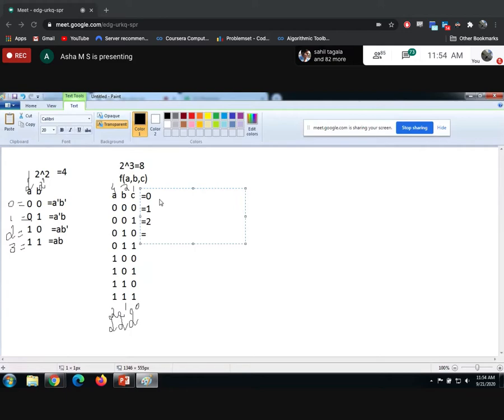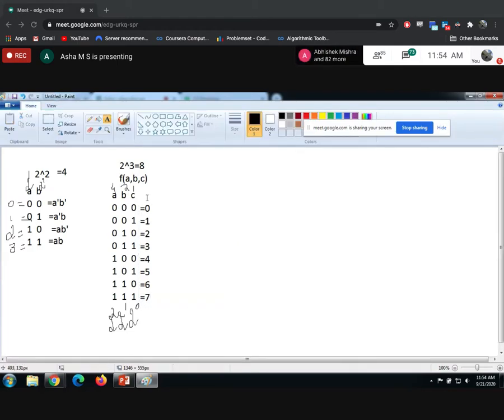This is decimal equivalent 3. This is decimal equivalent 4. This is decimal equivalent 5. This is decimal equivalent 6. This is decimal equivalent 7. Okay, so you can write in reverse also.